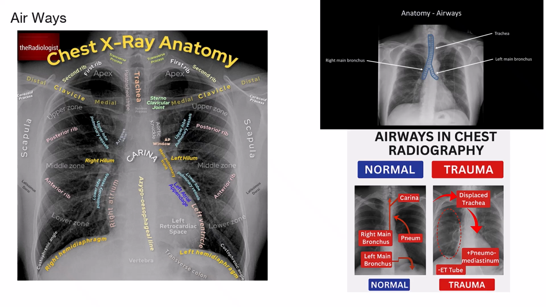When we take a look at the carina, which is the bifurcation point of the trachea, it helps us assess endotracheal tube placement. The right mainstem bronchus is more vertical than the left, and it's a common site for aspiration. And the left may be compressed because of a mediastinal hematoma.